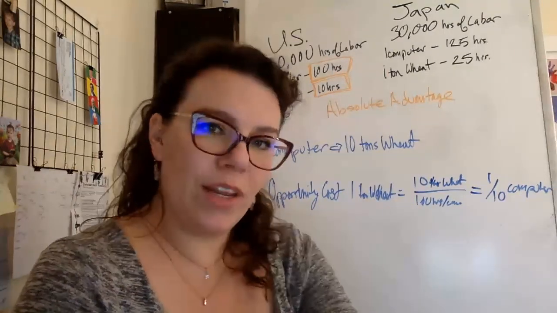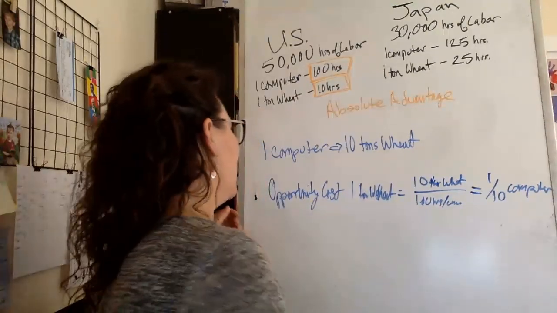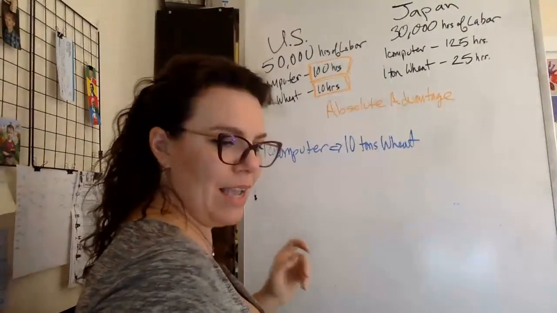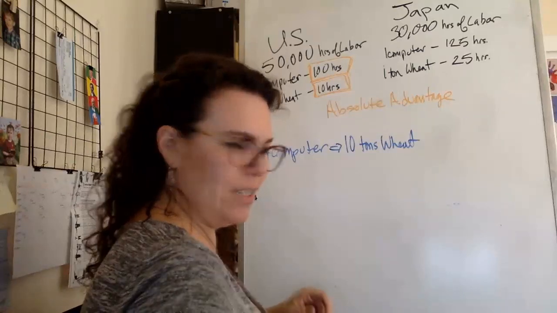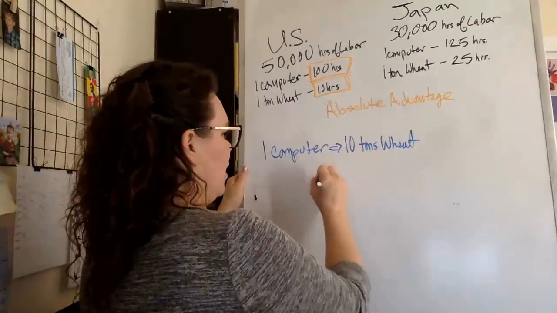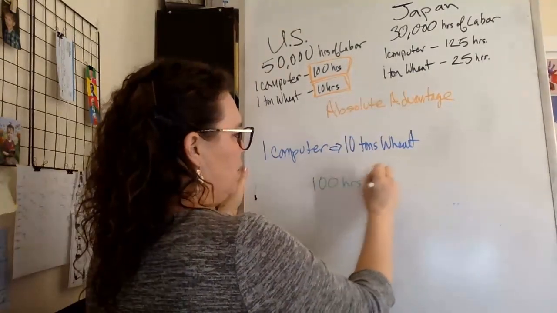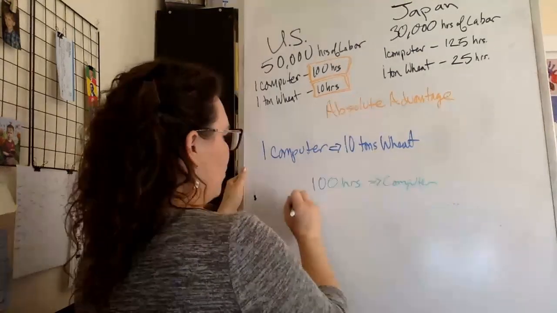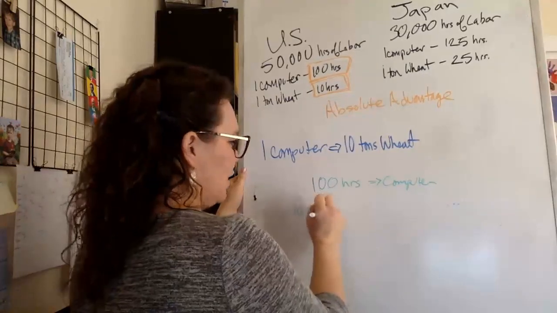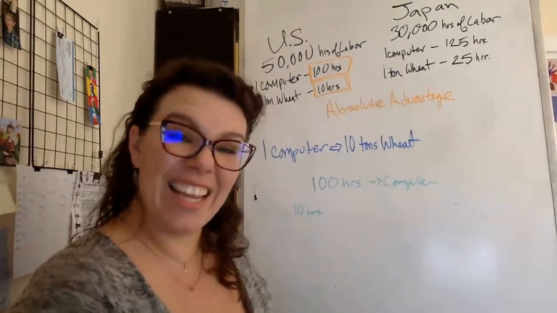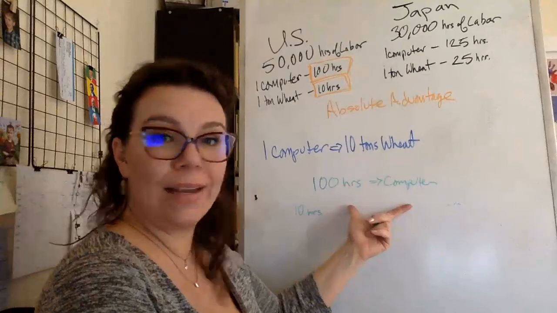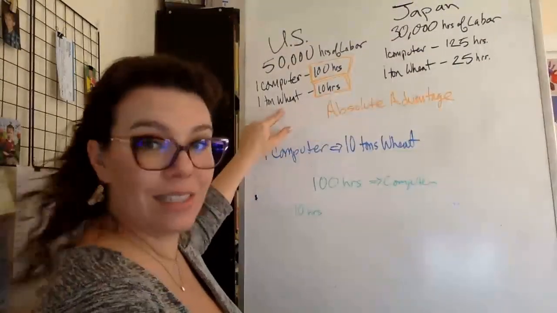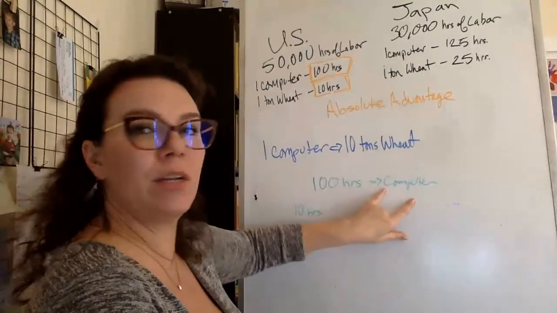If not, another way to think of it, and this is kind of what I showed y'all in class the other day, is to think about how much of a computer you could make in 10 hours. So if it takes 100 hours to make a computer, and we have only 10 hours to see how far we can get into that process, we won't make a whole computer. There's no way the opportunity cost of 1 ton of wheat that takes only 10 hours to make is going to be a whole computer.